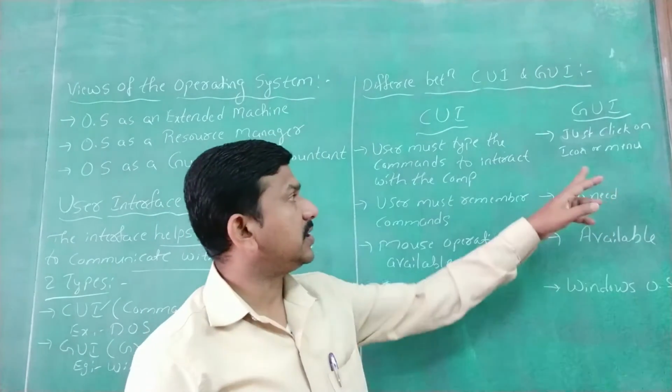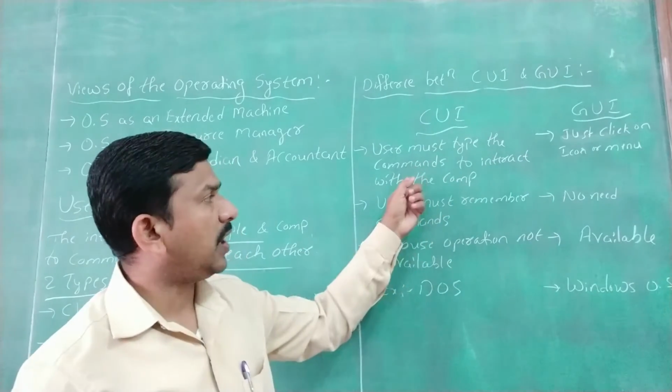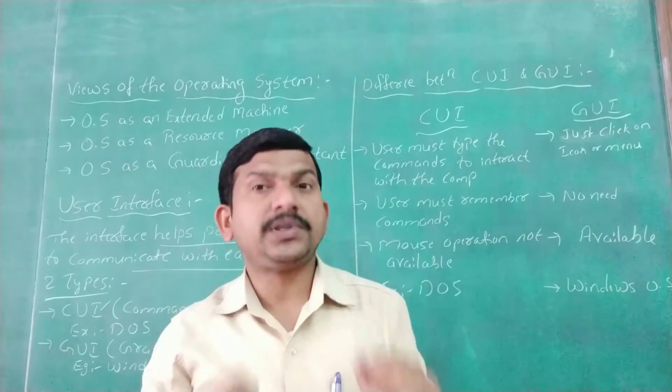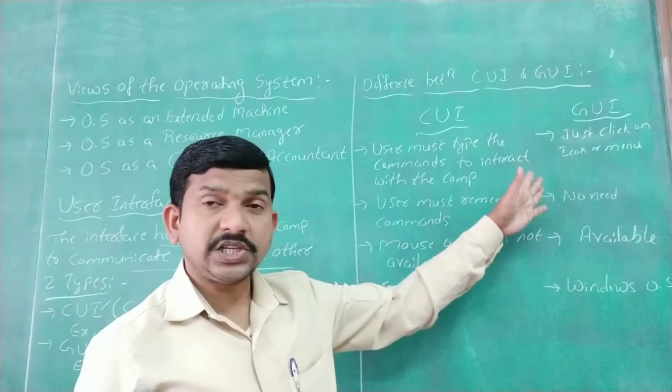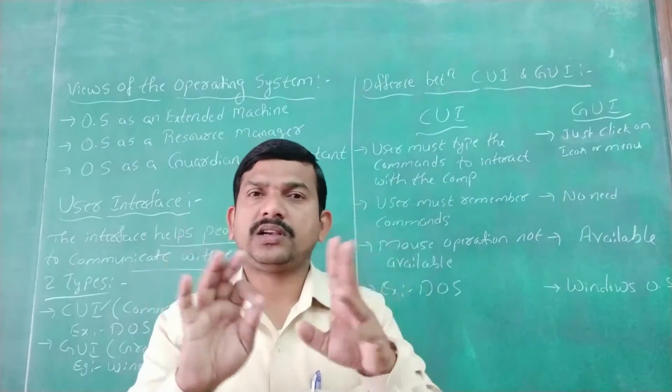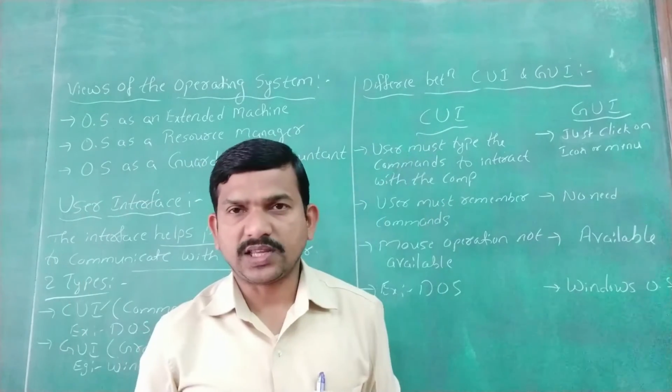Is it right? So this is the first one: in CUI the user must type the commands to interact with the computer, but in GUI the user does not type any command, just by clicking he starts working.